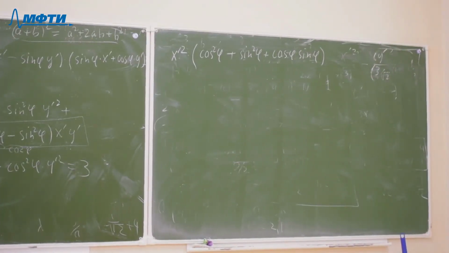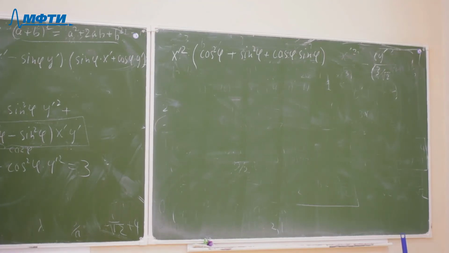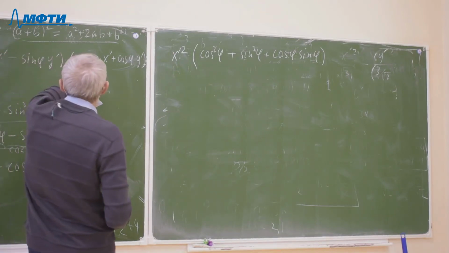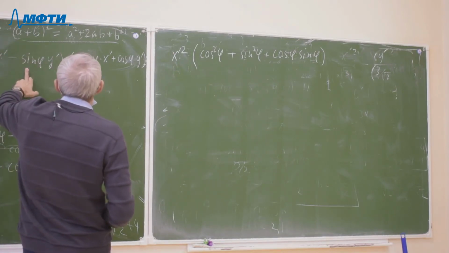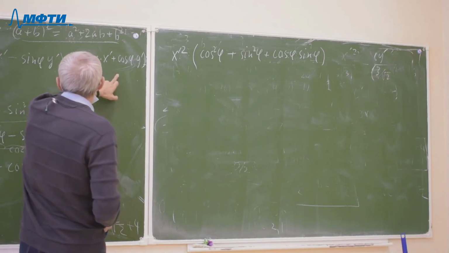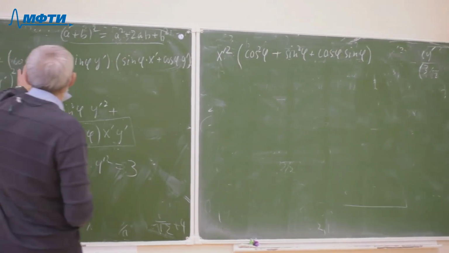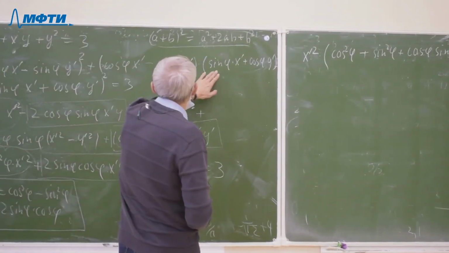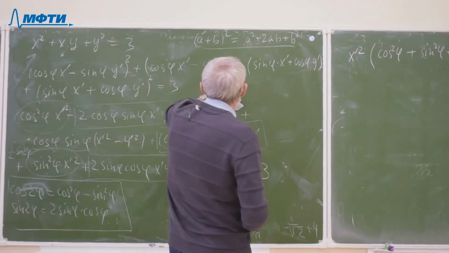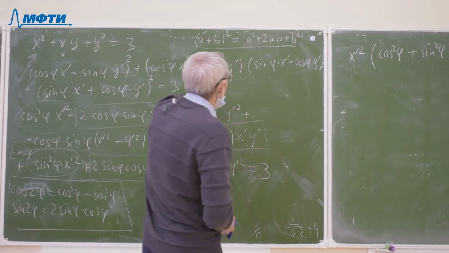Let's check. This one and this one, cosine sine minus sine cosine. Cosine times sine, sine times cosine.